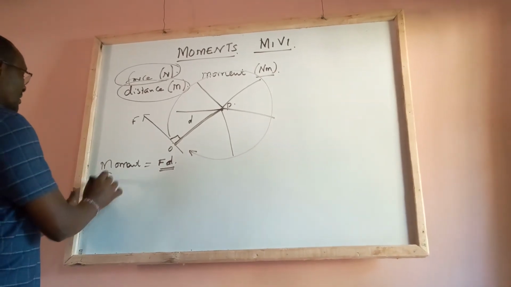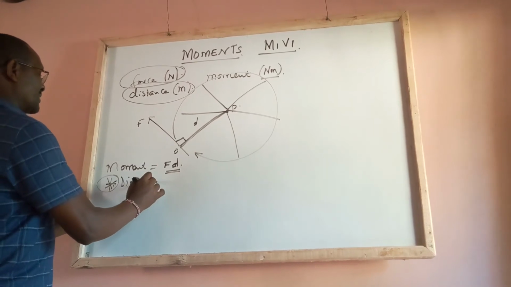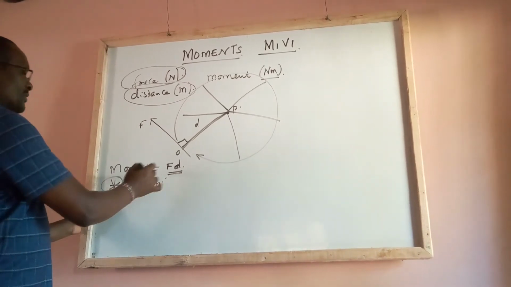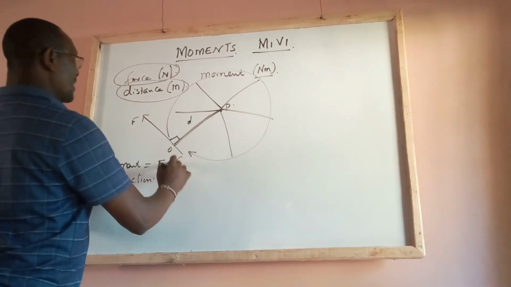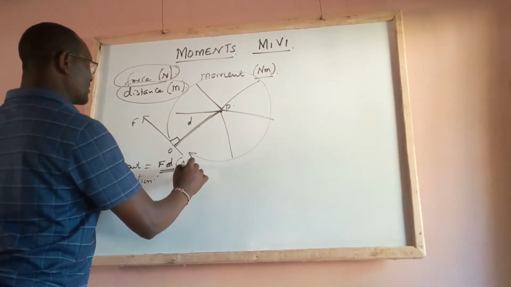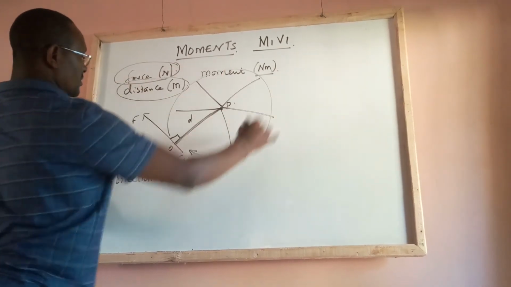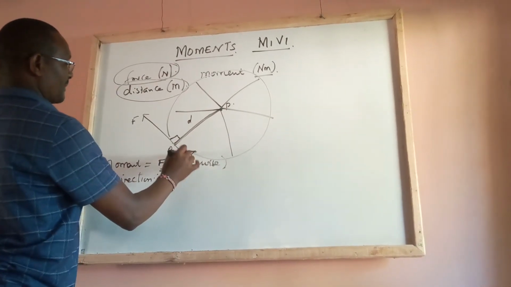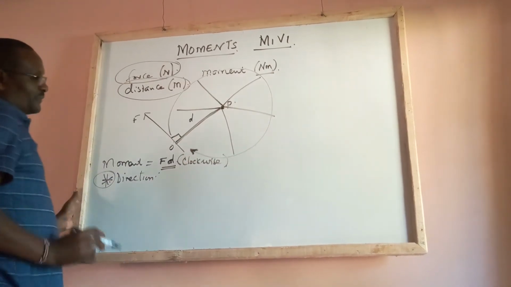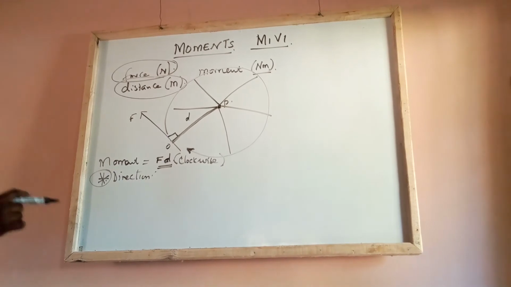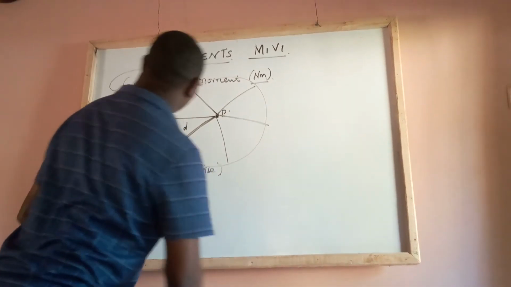So of most importance, direction is very, very important. So the moment of this particular force is FD, and the direction is clockwise, because it's rotating around point P in a clockwise direction.